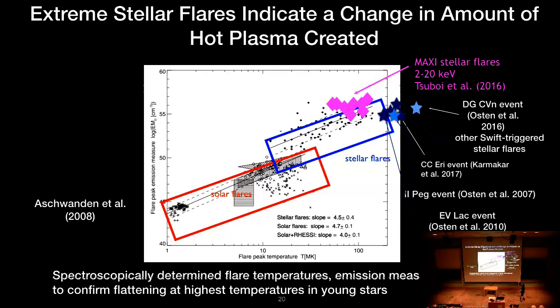But for these very energetic flares, instead of the power law increasing, which would indicate that you have a significant amount of hot plasma being created, it looks like this is flattening. So why that is still needs to be understood. But these very extreme flares are probing regions of parameter space that we wouldn't have with other types of flare observations.